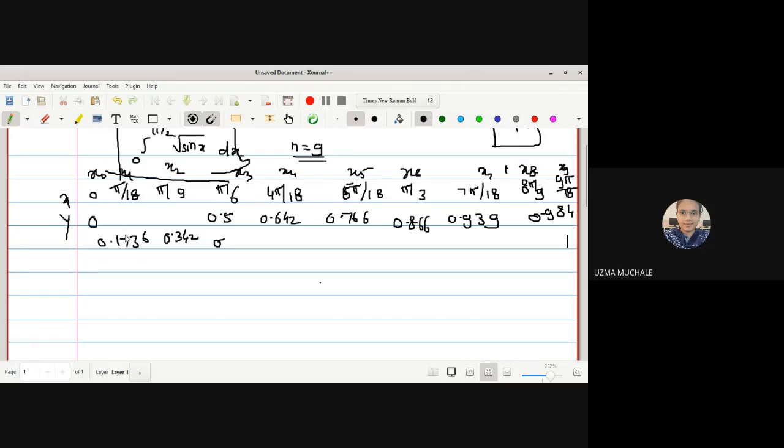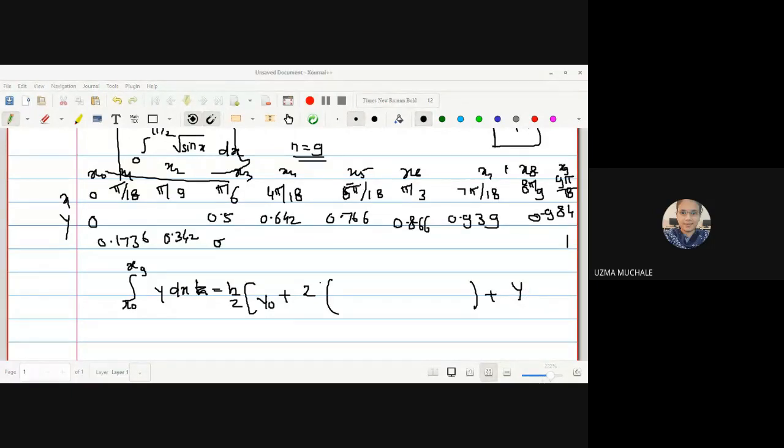So in total we have 10 values, right? So the integration from x0 to x9 of y dx is equal to h by 2 times y0 as it is, plus 2 times this term, and the last one we have to keep as yn. What is n in this case? 9.